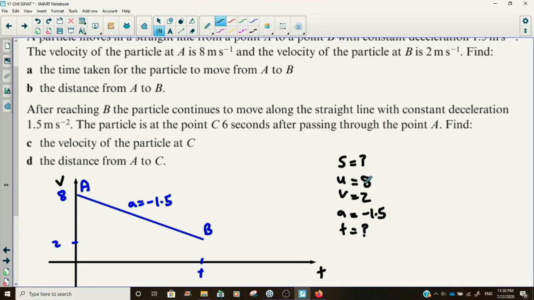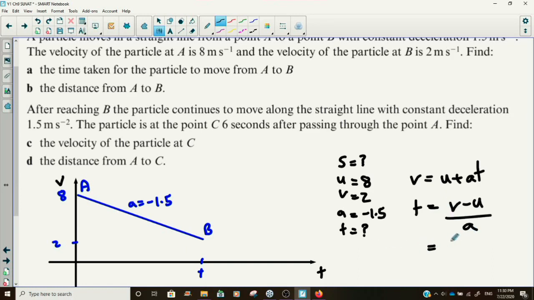Okay, so we want an equation involving u, v, a, and t. Right, so v equals u plus at springs to mind. And this time we want to rearrange it for t. And just plug in our values.